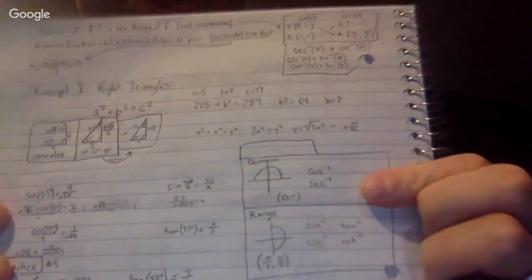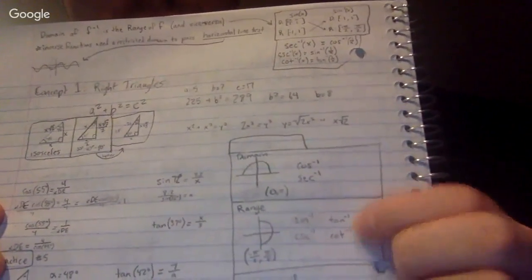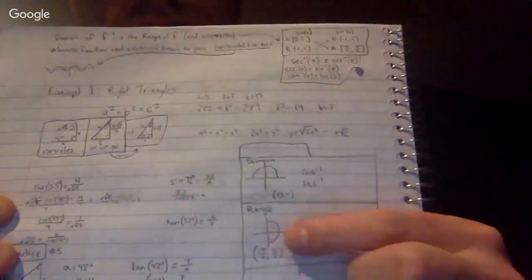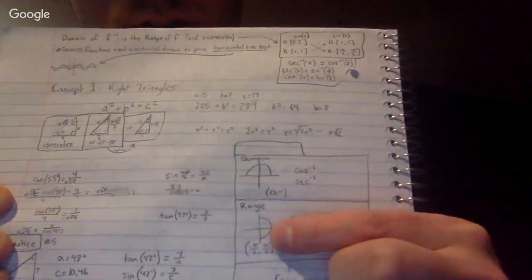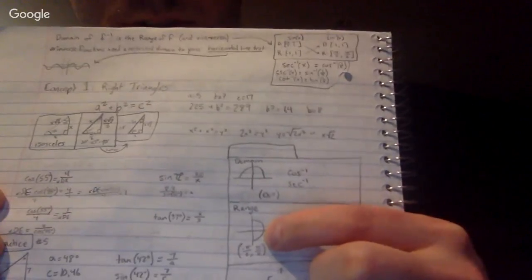Negative pi over 6 is what you said? Yeah, I couldn't quite remember there, but we've got to memorize this. This is going to kill us otherwise. Tangent and cotangent, or inverse tangent, inverse cotangent, fall in this range, which your value of negative pi over 6 would be right about there.